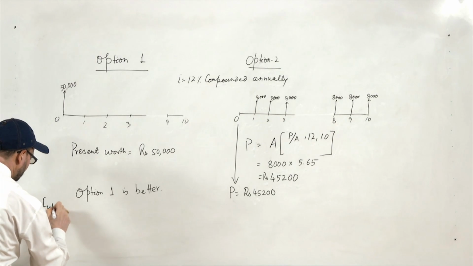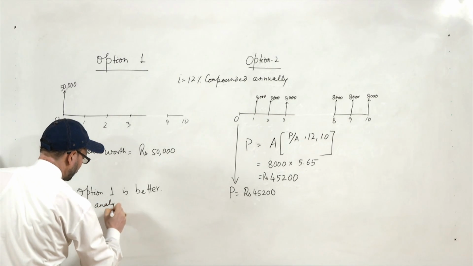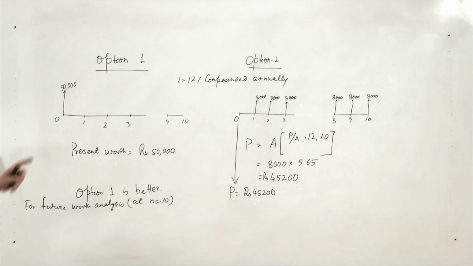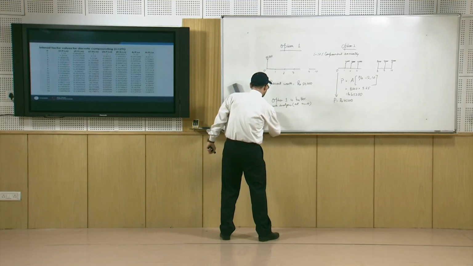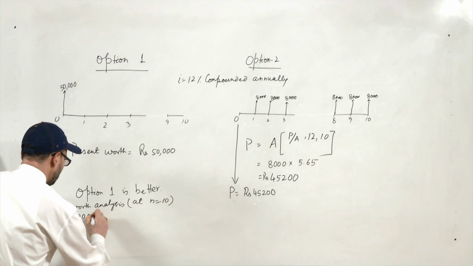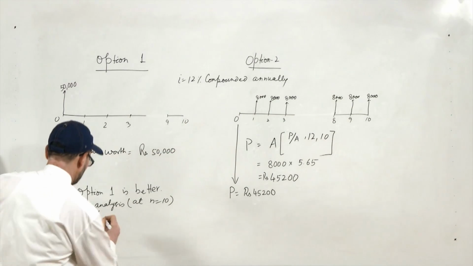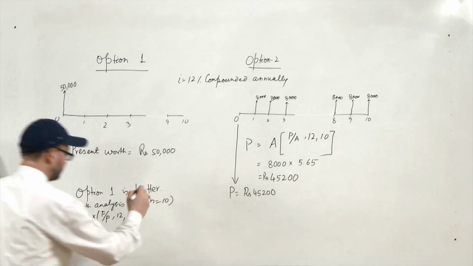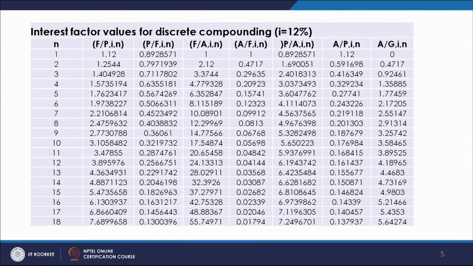Future worth analysis at n equal to 10: option 1 gives you 50,000 multiplied by the factor F by P, i is 12 and n is 10. We can see the value from the table, F by P 12 10 is 3.1058.